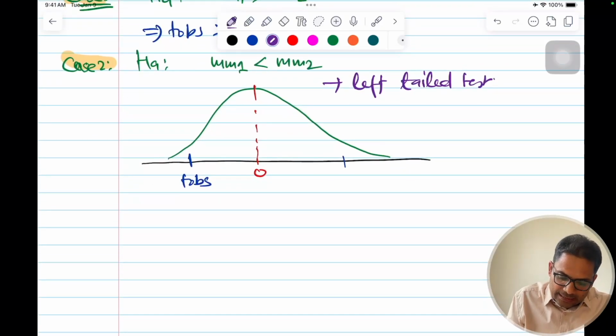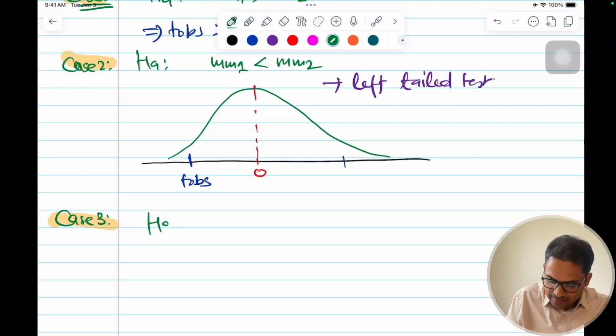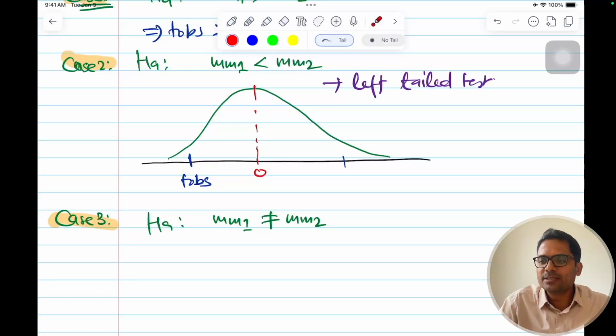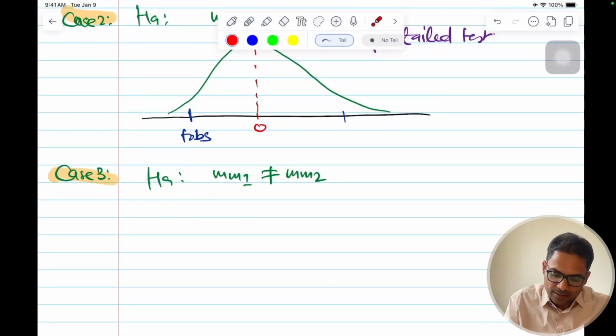Now case 3 will be, for example, where my alternate hypothesis says that both are not equal. It just states that whatever is the case, they are not equal. I don't know whether it's less or more, but both are not equal. That's my claim. So what will happen here now?